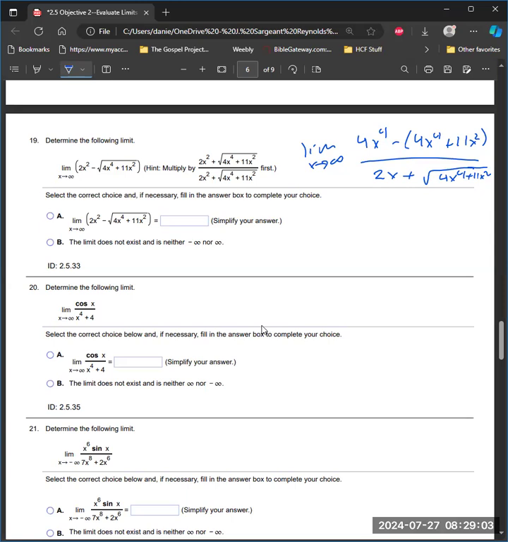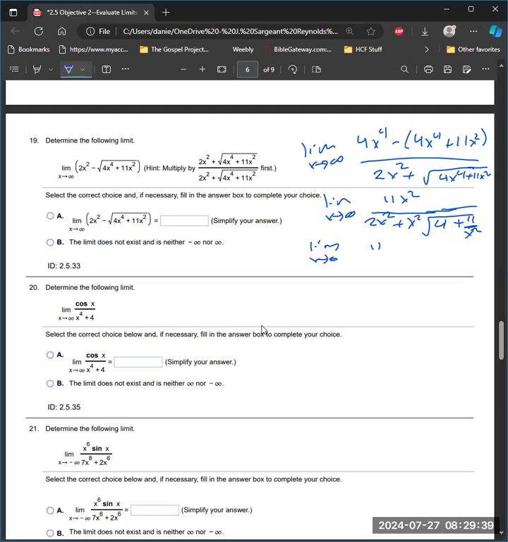And we're going to end up with the limit as x goes to infinity of 11x squared over 2x squared plus the square root. I'm going to positive infinity, so it's okay for me to take this x squared out of here, make this 4 plus 11 over x squared like that, and divide everything by x squared.